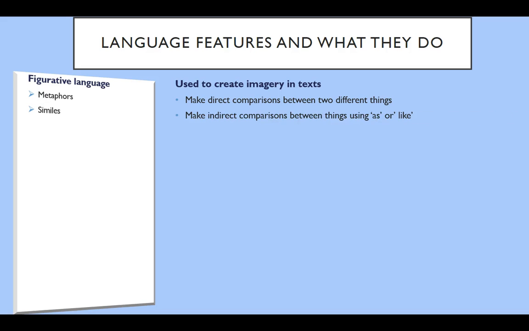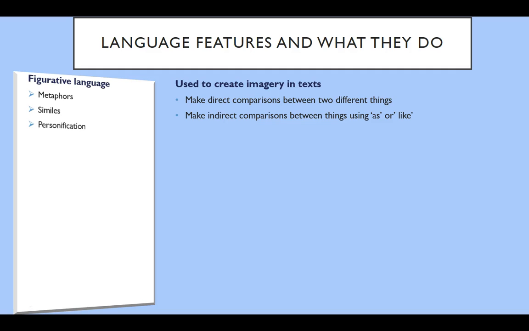Similes also make comparisons, but they make the comparison indirectly, and they signal the fact they're making a comparison by using either as or like as the comparative connective. So both metaphors and similes are used to make comparisons between different things to suggest qualities and create interesting images. Metaphors do it directly and similes do it indirectly.